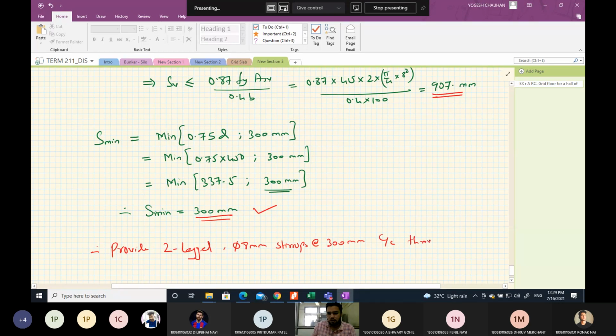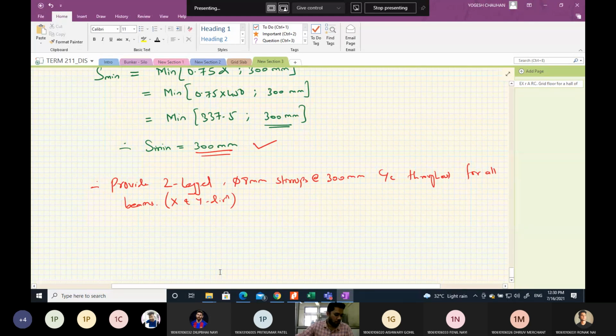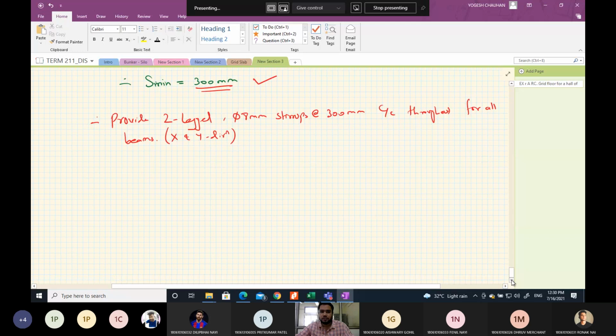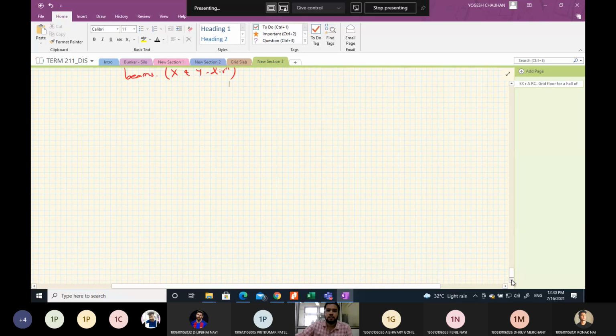This is throughout for all beams, both x and y direction. Okay, so this is the complete design of the rib beam.